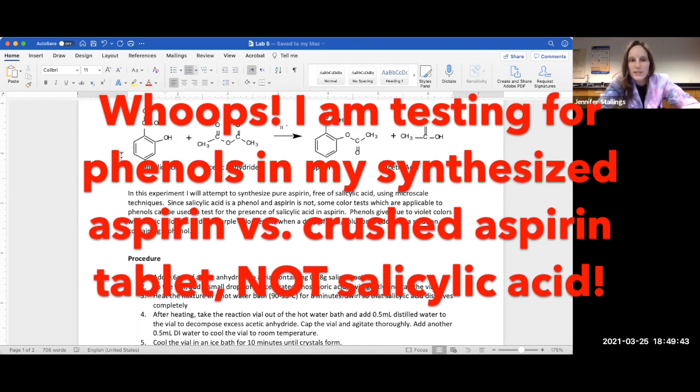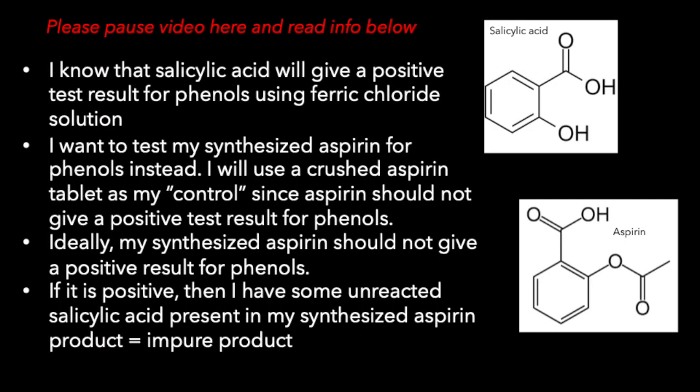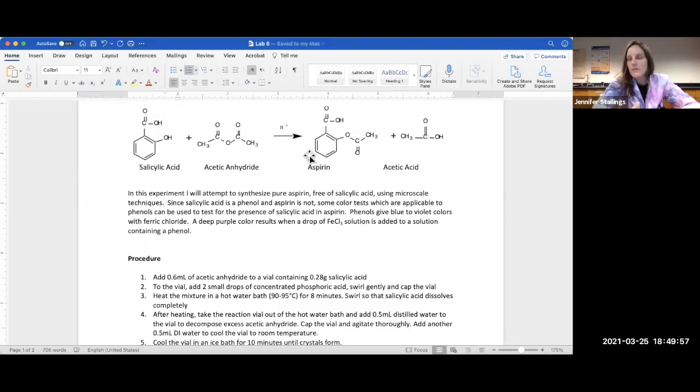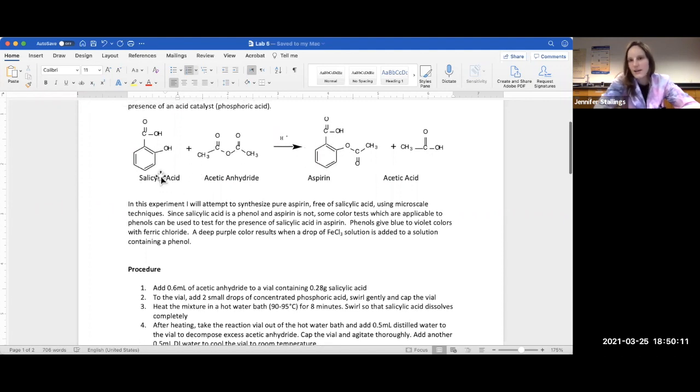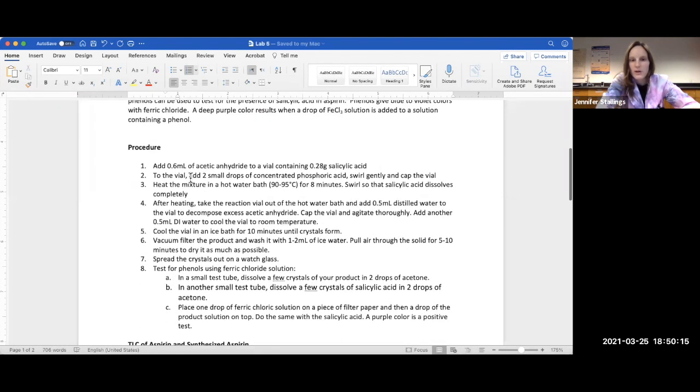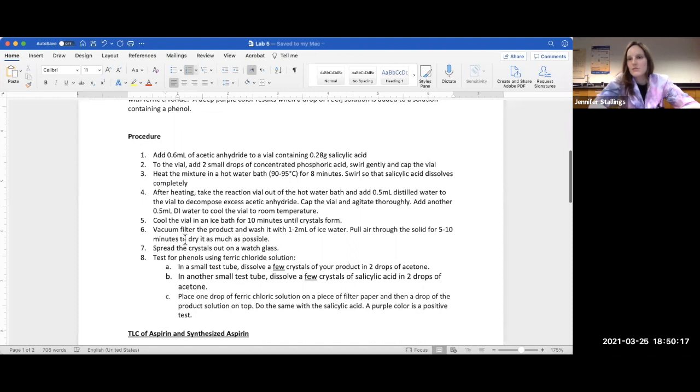If you notice here, the salicylic acid does have a phenol present. My synthesized aspirin product should not give me a positive test. It should remain that orange color because aspirin does not have a phenol present in its structure, unlike salicylic acid, which does.